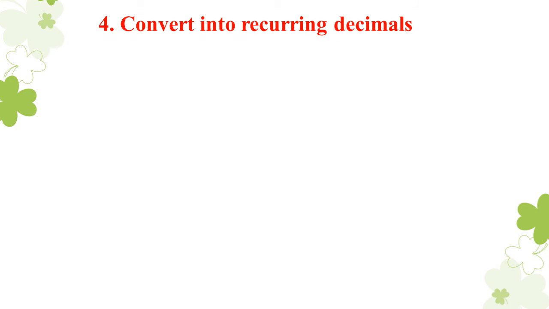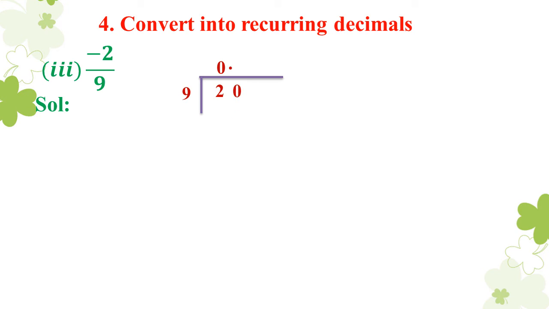Question 4. Convert into recurring decimal: minus 2 by 9. Let's divide 2 by 9. We cannot divide 2 by 9 since 2 is smaller than 9. So we put 0 after 2 and put the point in the quotient.